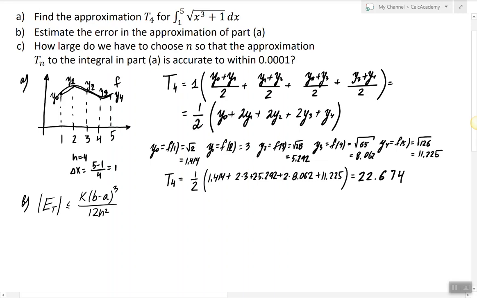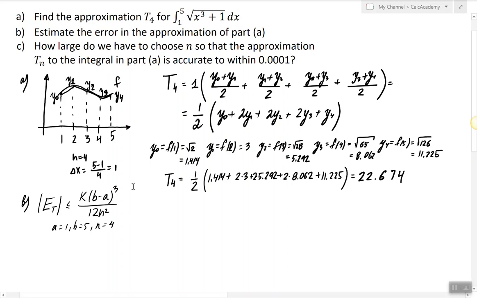We know a is 1, b is 5, and n is 4. The only thing we don't know is K. What is K? K is an upper bound for the second derivative. So to find K, we want to find the second derivative of this function and take its upper bound on the interval from 1 to 5.